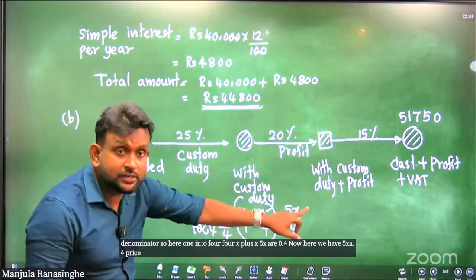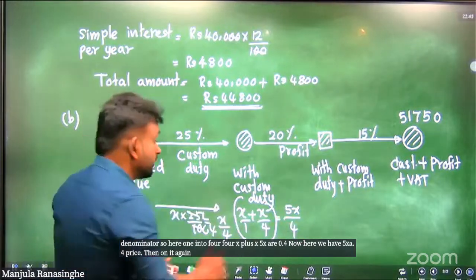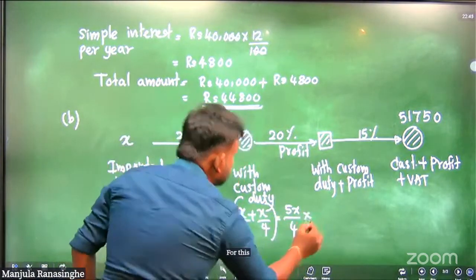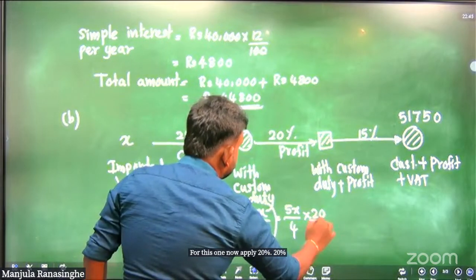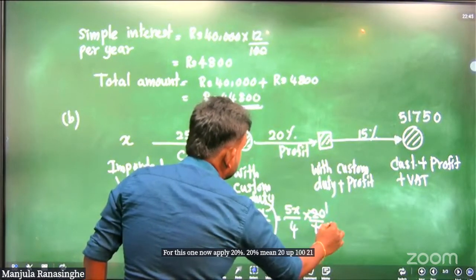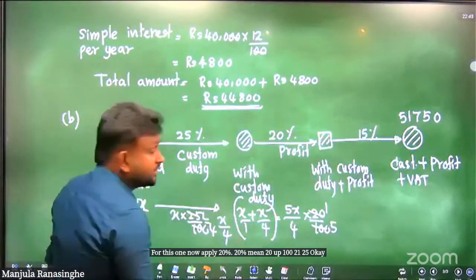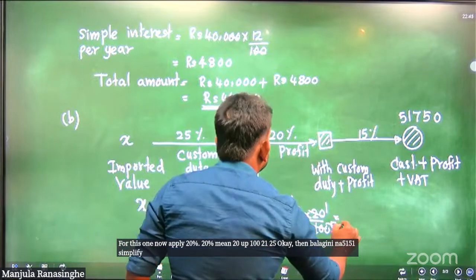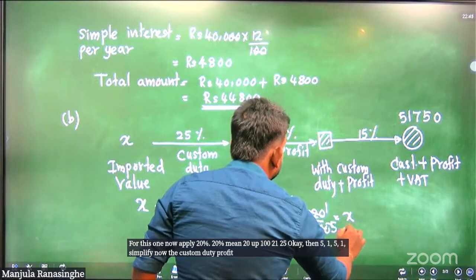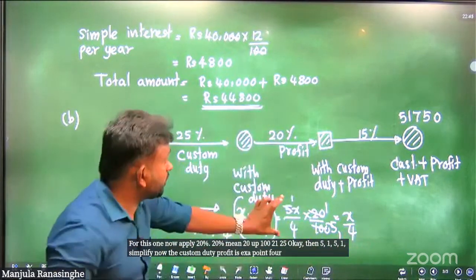Then on it again apply 20%. For this one now apply 20%. 20% means 20 upon 100, then simplify. Now the profit is x upon 4. That is the profit.